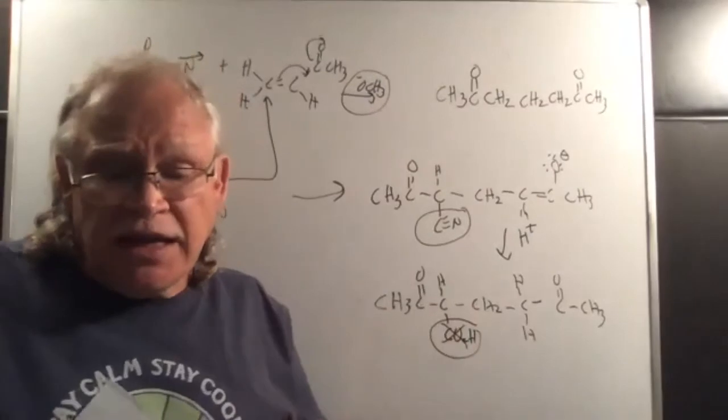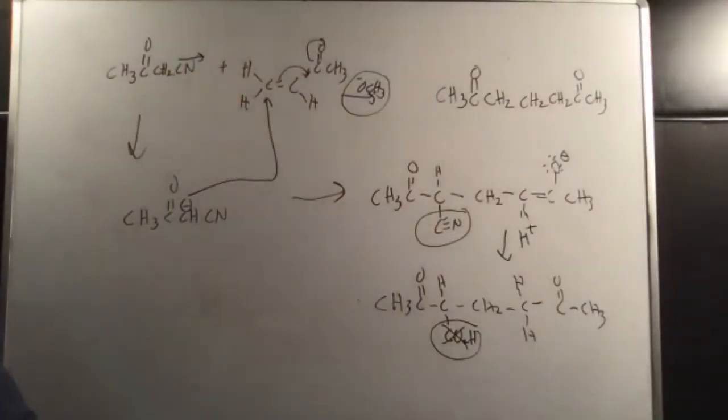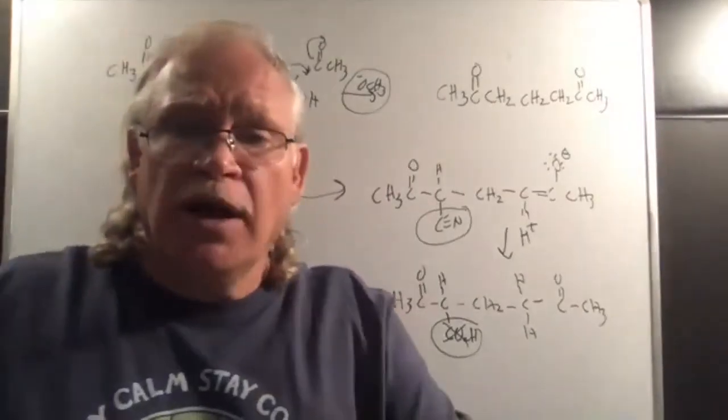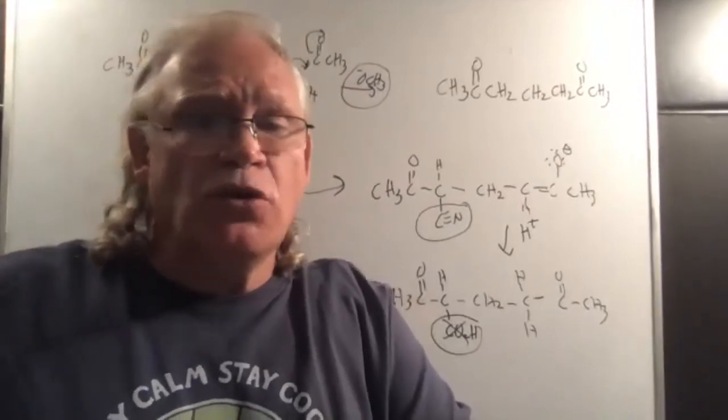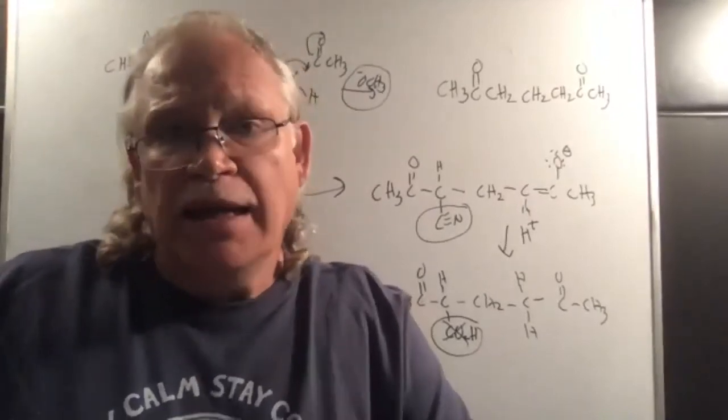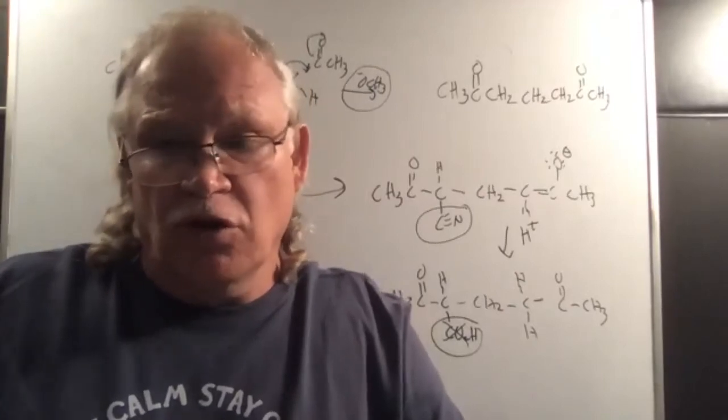So one of the things that these type of reactions allow you to see is that you can turn almost any functional group by going through a series of reactions into any other functional group.